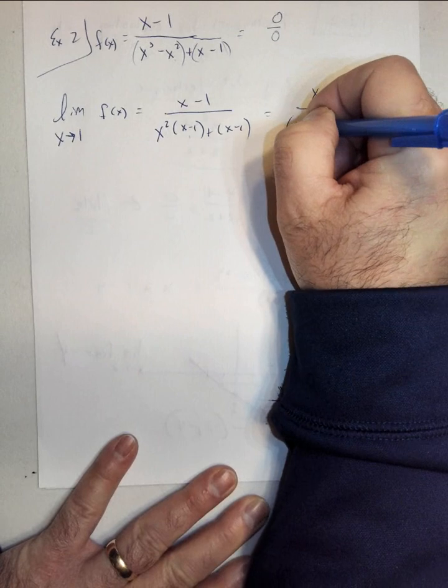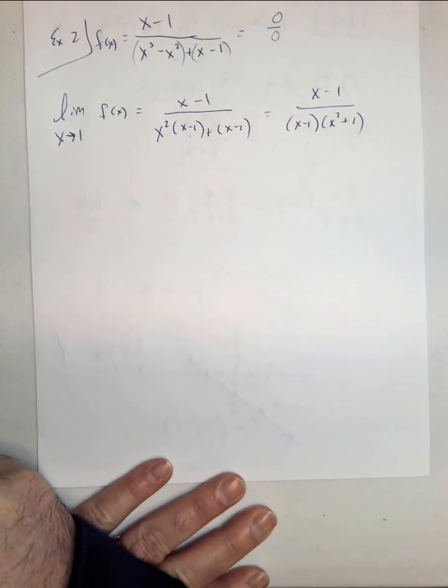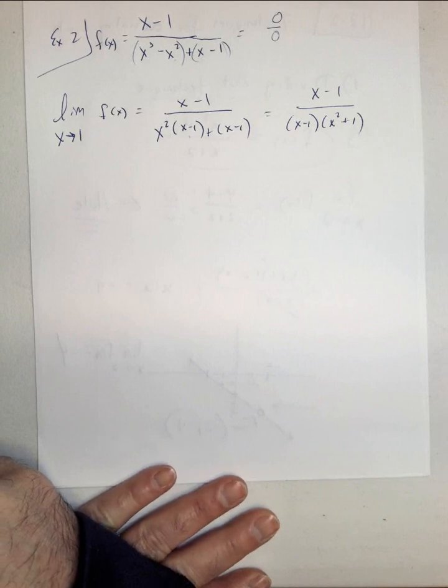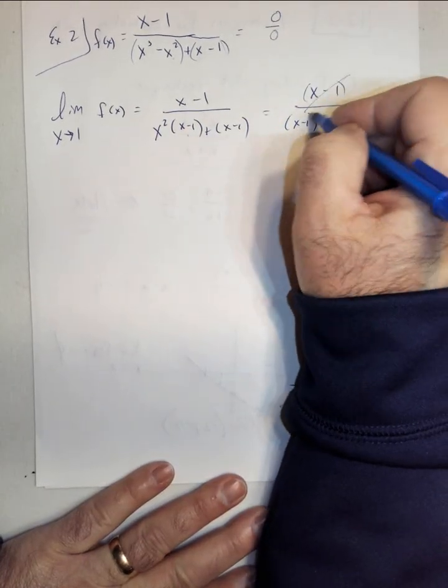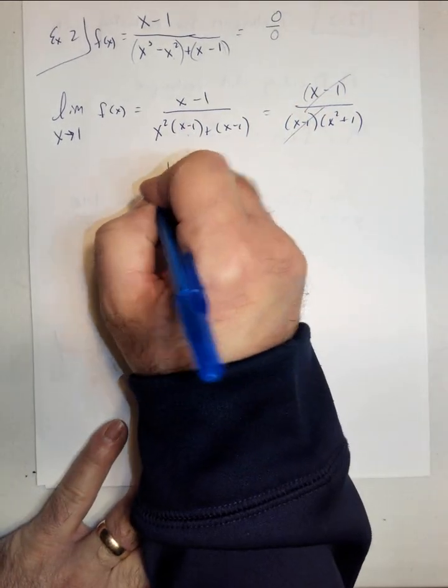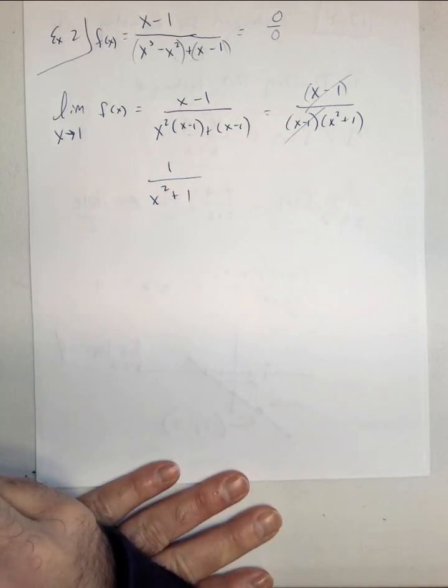Factor out the x minus 1, and I get an x squared plus 1. By factoring, we reveal the hole factor, the x minus 1 on top and bottom, so we remove it, and we're left with 1 over x squared plus 1 as the reduced fraction.